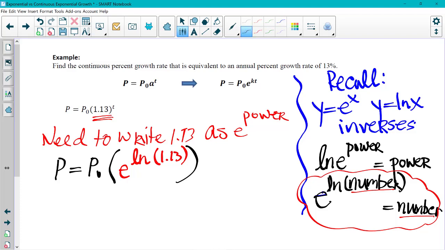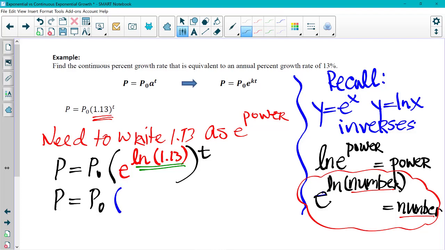Then all we have to do is convert this to a decimal, and that will tell us our growth rate. I forgot my t. So it's just calculator work again.